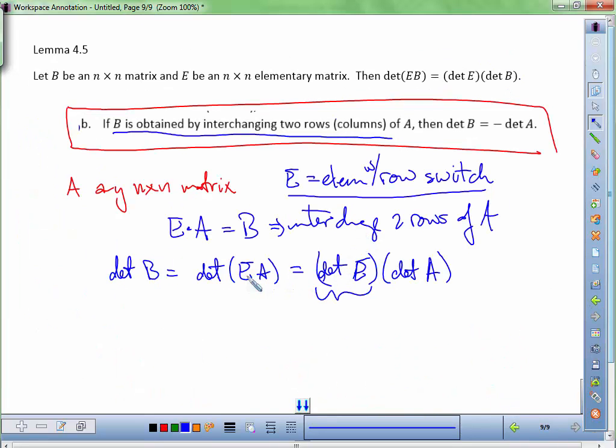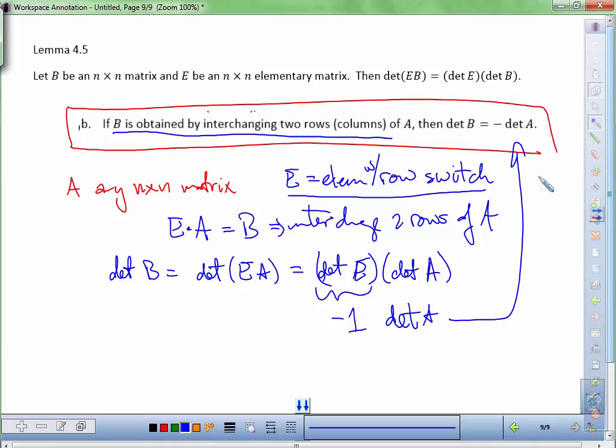We switched it by multiplying your matrix with an elementary row operation. It's like actually doing that row operation on that matrix. So this is equal to -1 times the determinant of A, which is the negative of the determinant of A. So if you do one switch, that'll happen. If you do two switches, then you're really doing a -1 times a -1, which gets back to a +1.